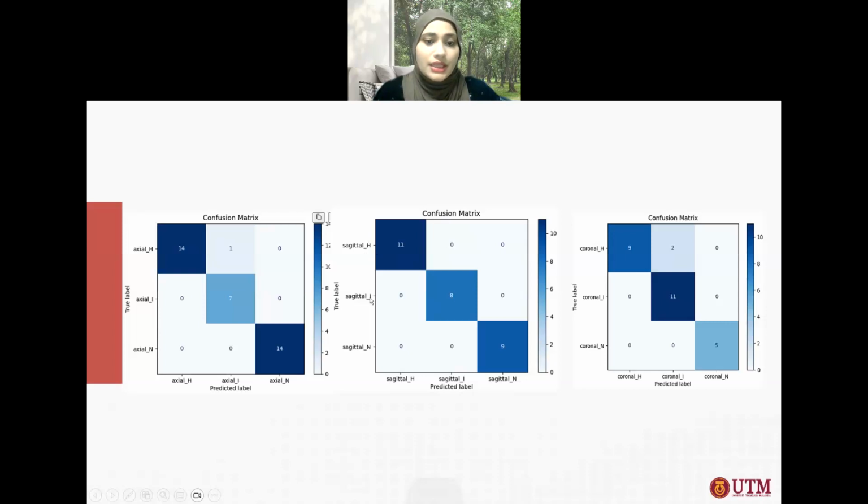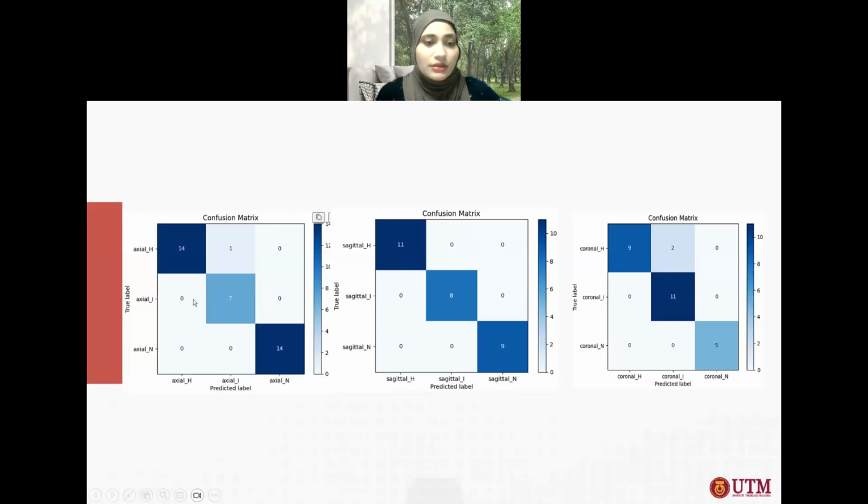Fourteen are classified correctly as axial H, and 7 are classified correctly as axial I. One image was misclassified as axial I. We don't have any misclassification of axial N. For axial I, the correct count is 7, with 0 misclassified.